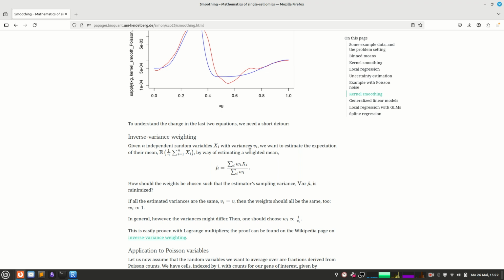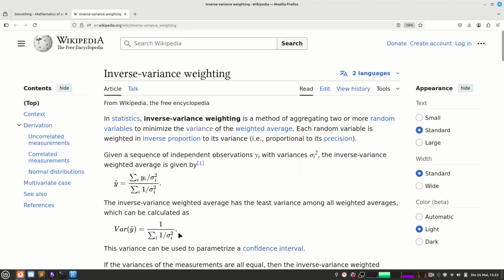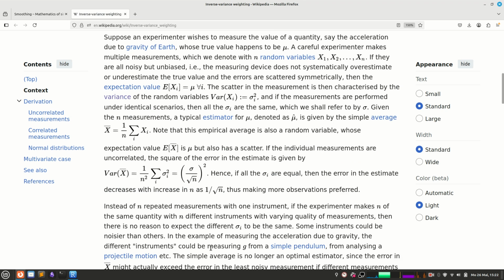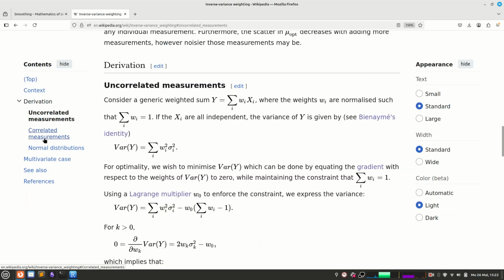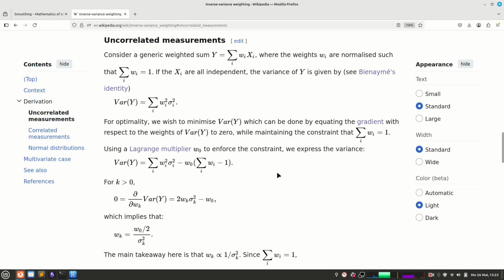So why have I put the weights proportional to 1 over v? I was too lazy to write the proof. Wikipedia comes to our rescue. I also forgot to point out that the random variables are all uncorrelated. And here you now see, if we consider a weighted sum like this, and we assume that I can omit the denominator that I had in my case.